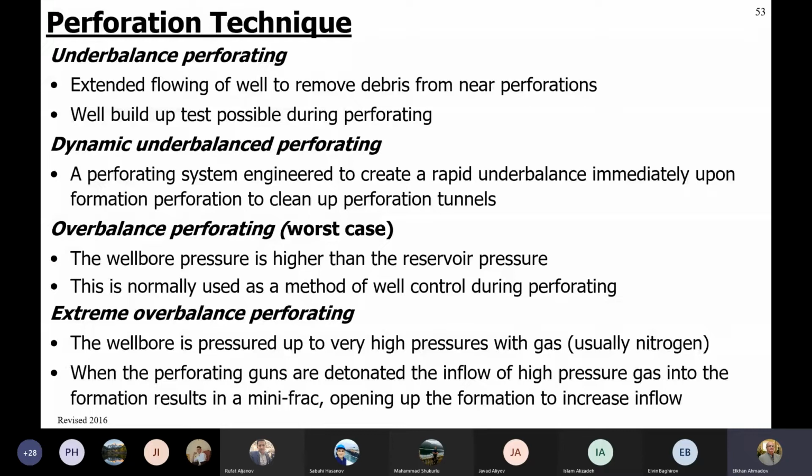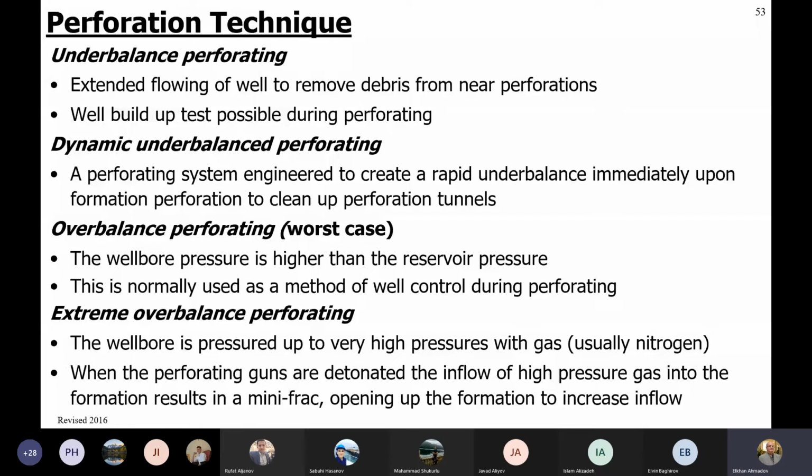This is actually done to increase the effective wellbore radius. We will see it in more detail in the next slides.